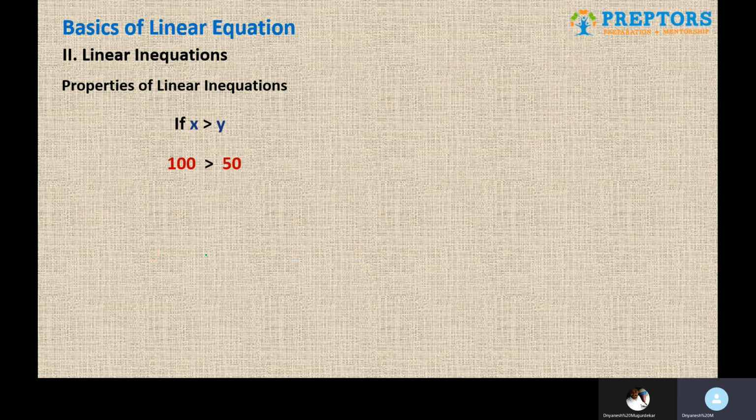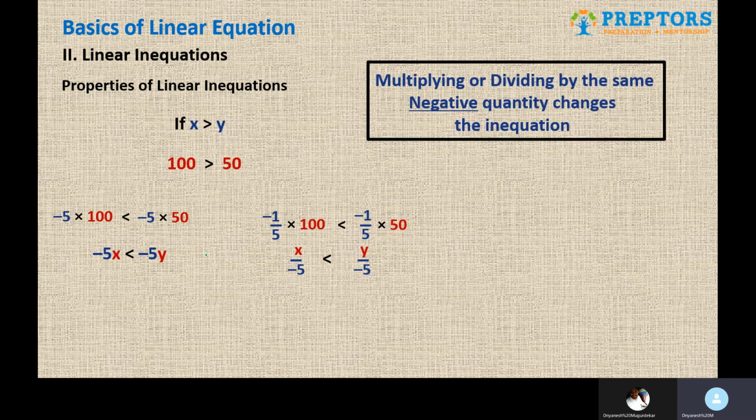That's the second rule that you need to remember. The third rule, same assumption, x is greater than y. Suppose 100 is greater than 50. But now if you multiply by -5 on both the sides, you will easily understand things will reverse and the inequation sign will be changed. If you, let's say, divide by -5, again the inequation sign will be changed. That is why the emphasis was given on the word positive in the previous rule, because now you realize that if you multiply or divide by the same negative quantity on both the sides, the sign of the inequation changes.